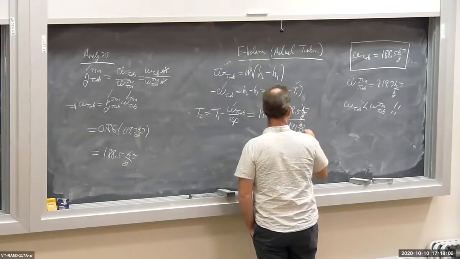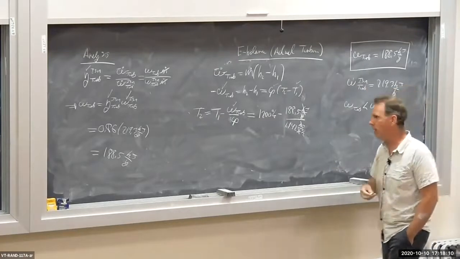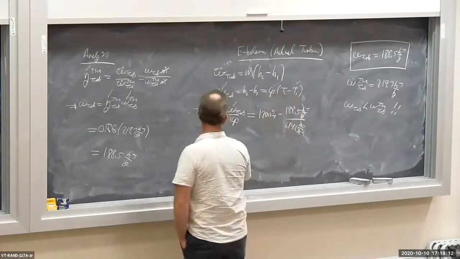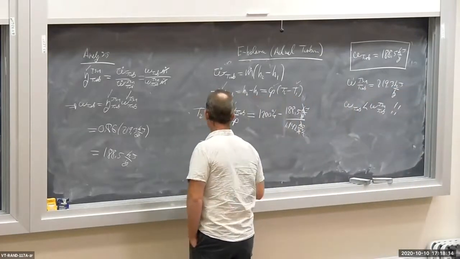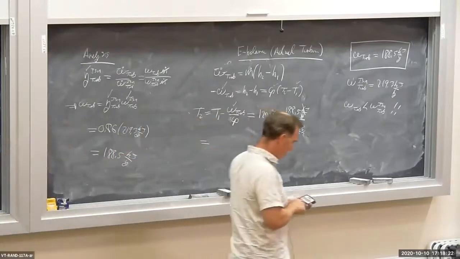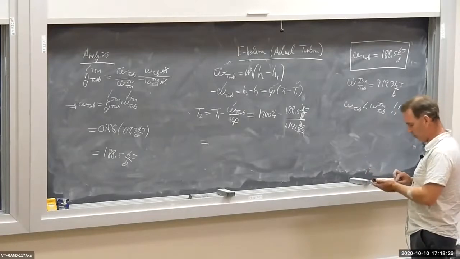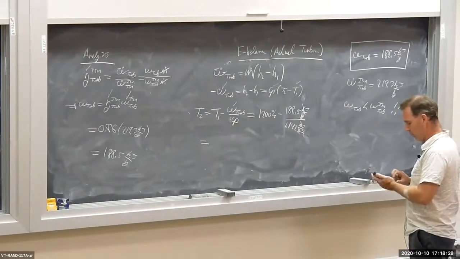The kilojoules and the kilograms cancel out, and the degree Kelvin goes on top. Let's crank it out. 188.5 divided by 1.142.